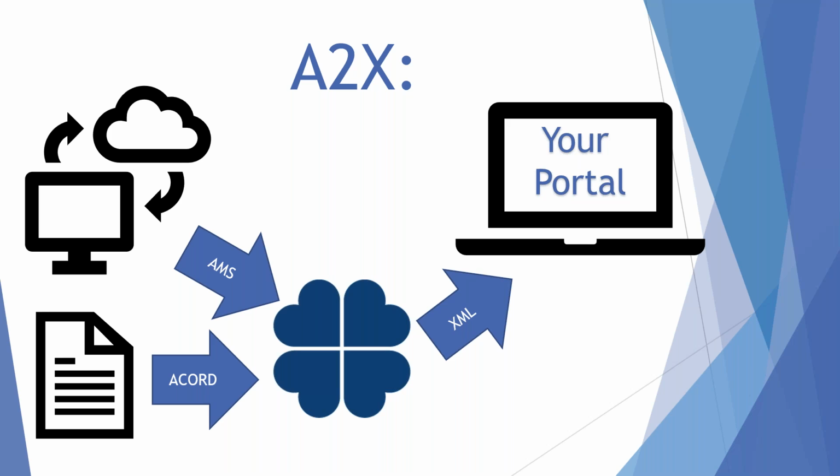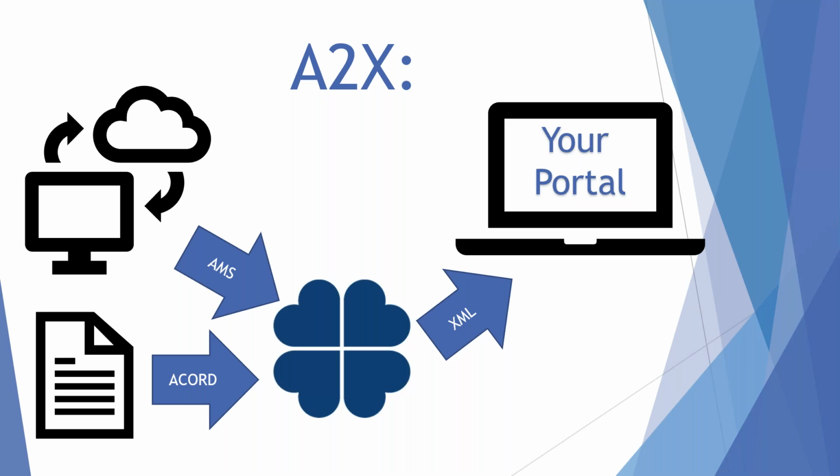So let me go over kind of what these workflows look like. This first workflow, we call it A-to-X, and basically all that stands for is ACORD to XML. So we're taking information from either these faxed or scanned ACORD forms, fillable PDF forms, which of course work the best, and then we can actually also take data directly from any agency management system out there.